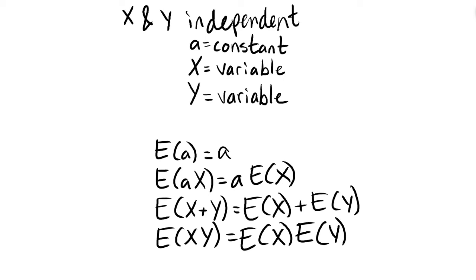If they do depend on each other, let's say the sales of ice cream and the weather, well, if it's sunny, we're gonna sell more ice cream, meaning that they do depend on each other. In that case, we cannot just do this. So what do we do when they are dependent on each other? Well, in that case, we pretty much use the formula we had at the beginning.